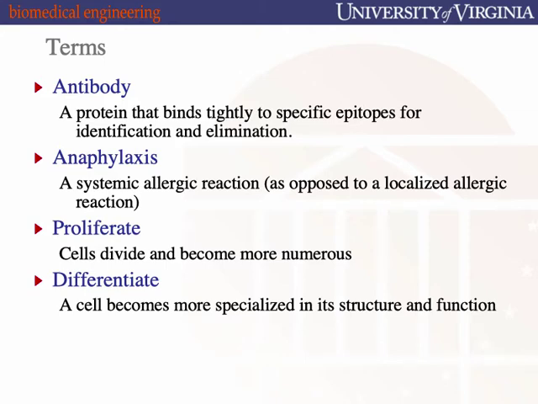Anaphylaxis is a systemic allergic reaction, right? So some people have a localized allergic response to a bee sting. Most of us do. But some of us will generate a systemic allergic reaction in response to peanut allergy or bee sting, right? And if it's systemic, then it's called anaphylaxis.